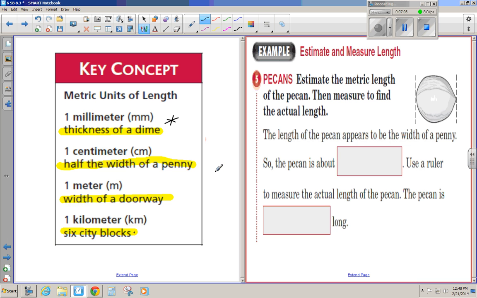Therefore, this is the width of a penny, so you're going to estimate this at about 2 centimeters. Use a ruler to measure the actual length of the pecan. So right now you should be grabbing a ruler and measuring this, and you will get 3 centimeters. So when you actually measure it, it should be closer to 3 centimeters.